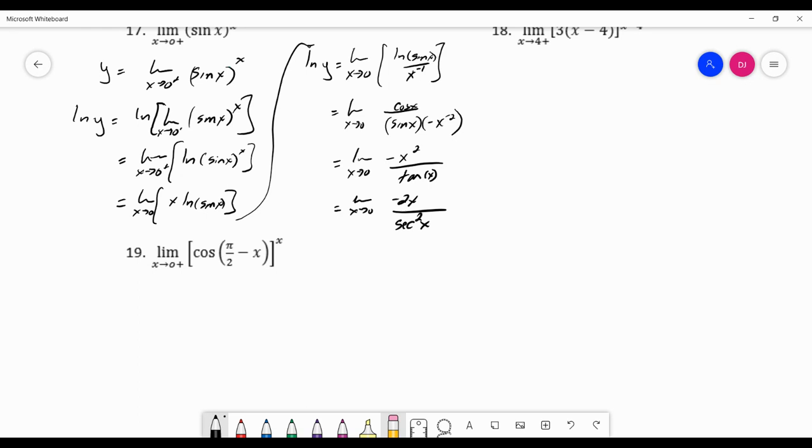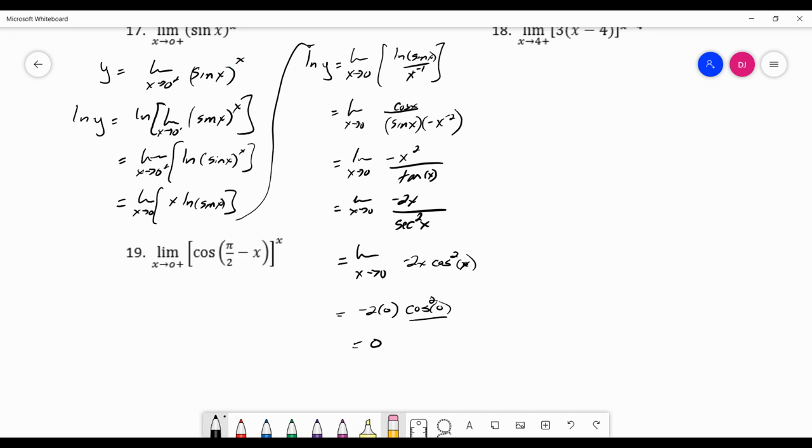Secant squared is the same as 1 over cosine squared, and so this is the limit as x approaches 0 of negative 2x times cosine squared x. So I have negative 2 times 0 times the cosine squared of 0. Doesn't matter what the cosine of 0 is. It's 1. Squared is 1, but times 0, that's 0.